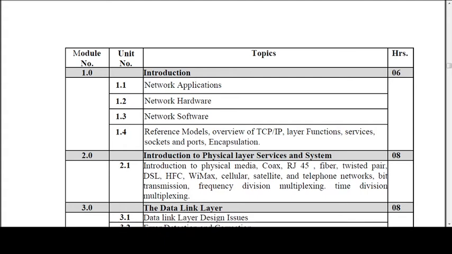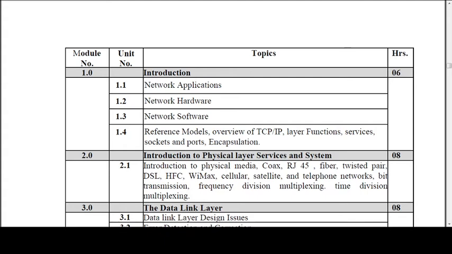First one is network application, then network hardware, network software, reference model, basically the OSI model, then an overview of TCP/IP. We also compare the OSI model and the TCP/IP model. We also define the function of each layer and the services offered by each layer.